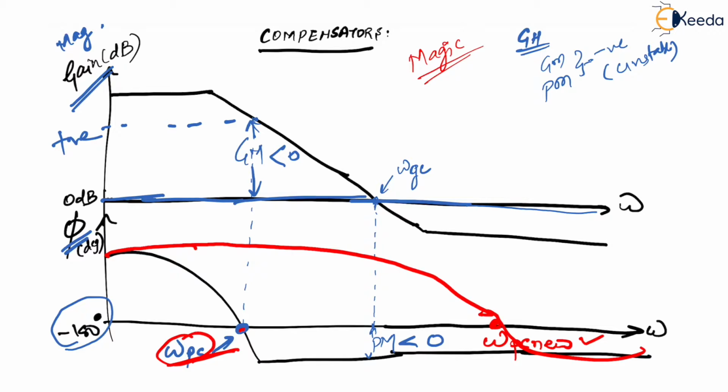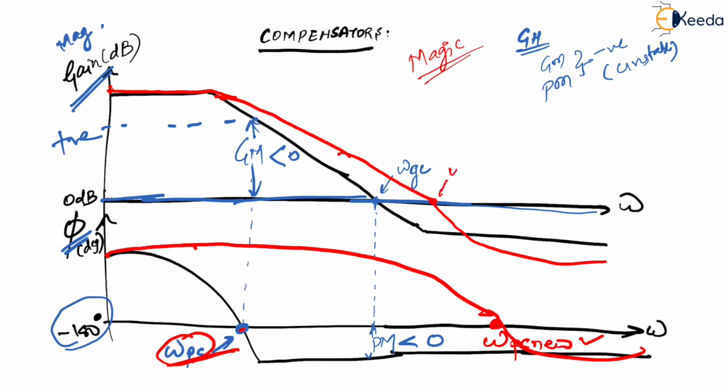and at the same time, definitely, this omega gc will also shift. Let us say my gain plot also changes somehow like this. Okay, let me just say that. Now what do you observe?